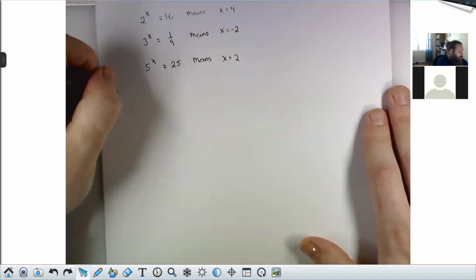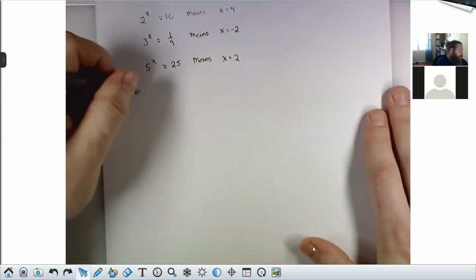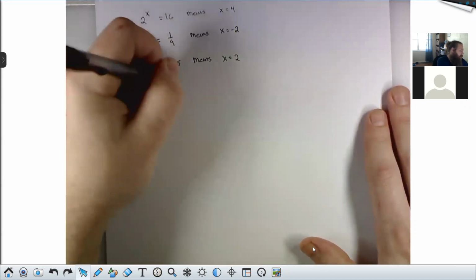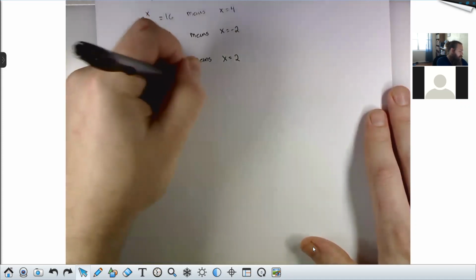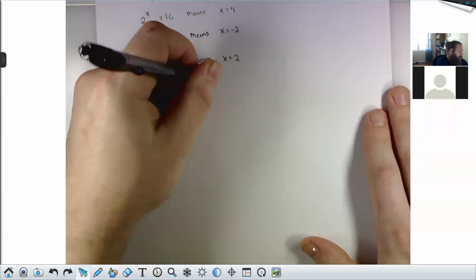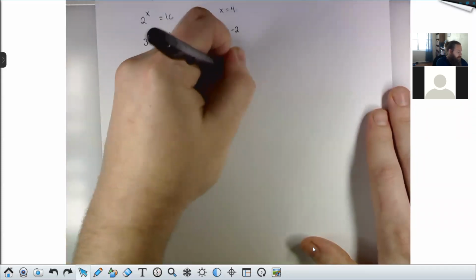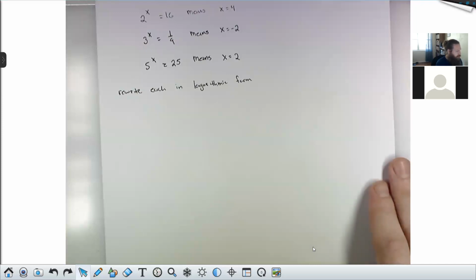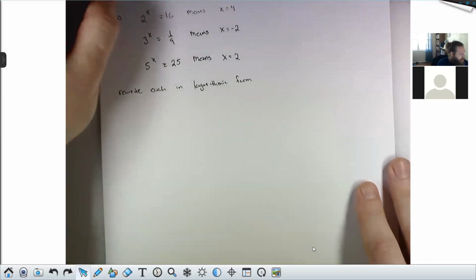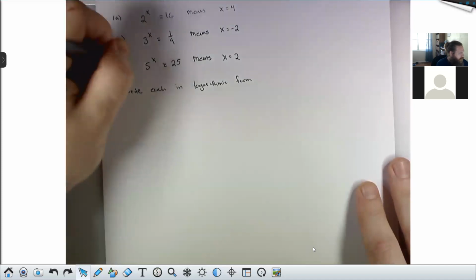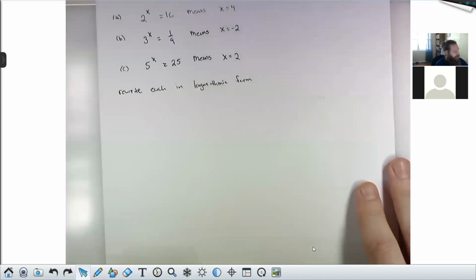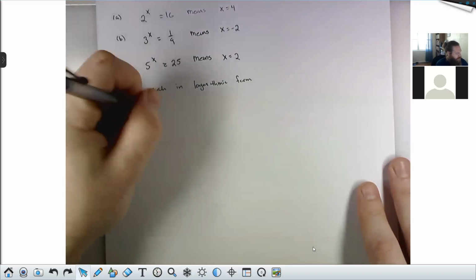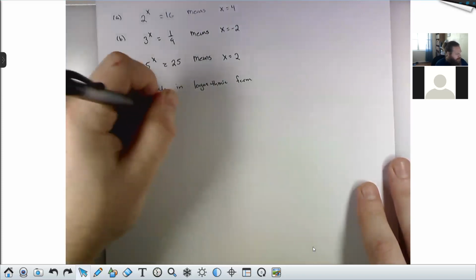Let's rewrite each of these in logarithmic form. Okay, so I'll label these as A, B, and C. A, 2 to the x equals 16.